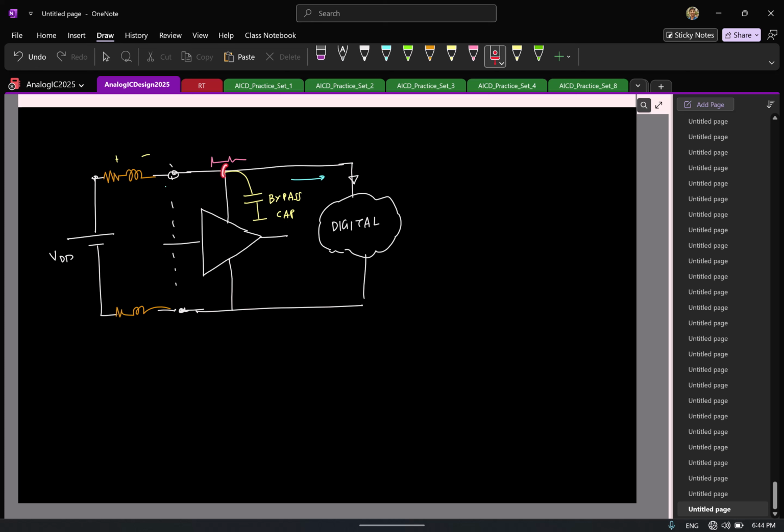The problem is with the supply and the ground lines, because they are shared by all the blocks. Since they are shared by all the blocks, everyone is dumping their garbage on those lines and making them not clean. Whereas if I only look at the output here, it is going to be a faithful reproduction of the input, correct?